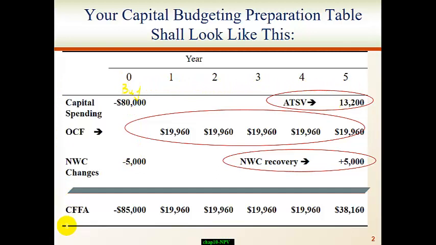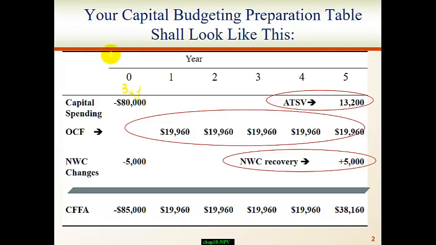So to find out NPV, you have two ways to do the calculation. One is to use the formula, discounting all these cash flows back to time 0. Another approach I'm going to show you later on is to use the financial calculator, the cash flow keys.